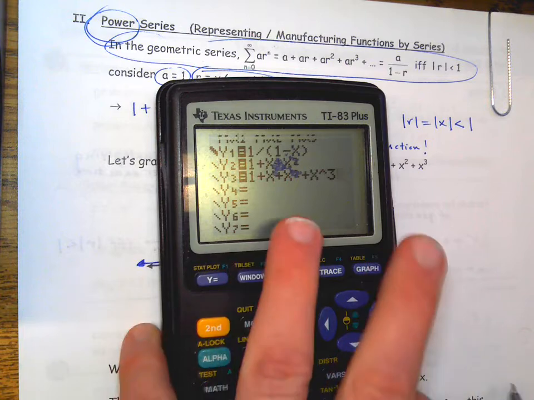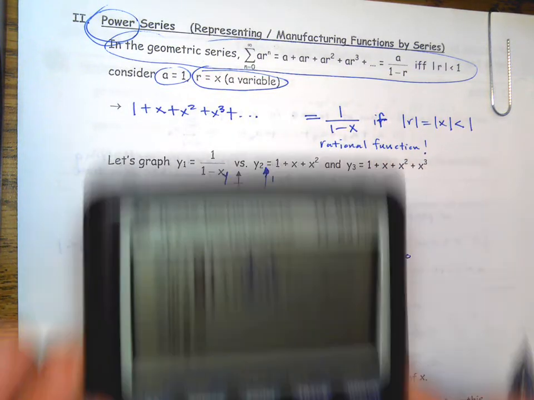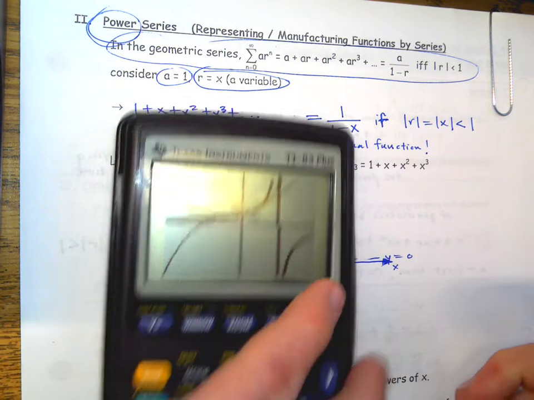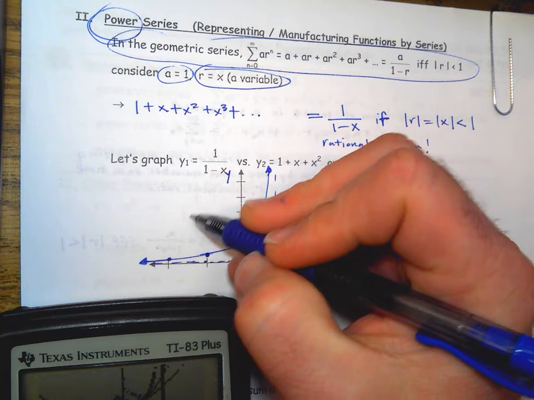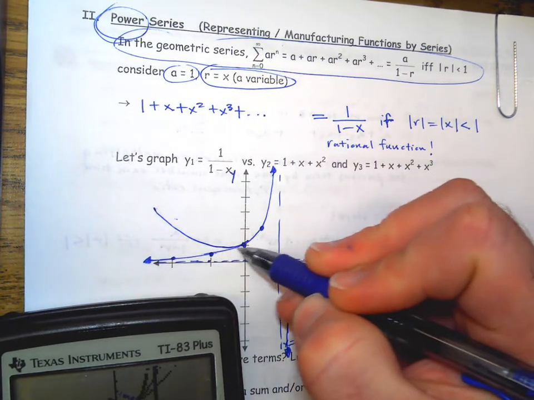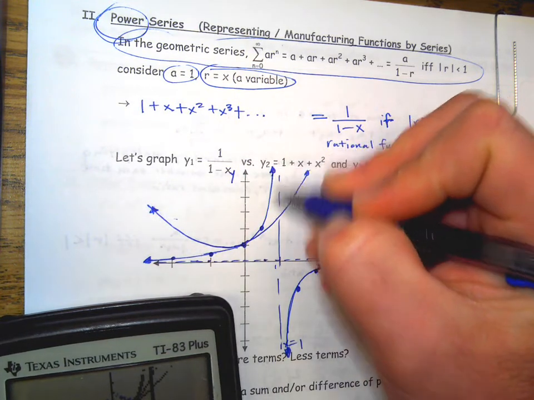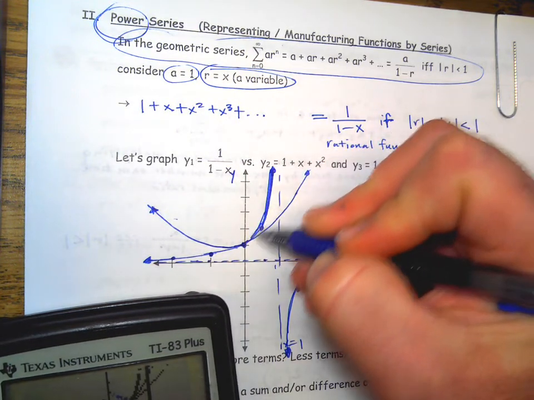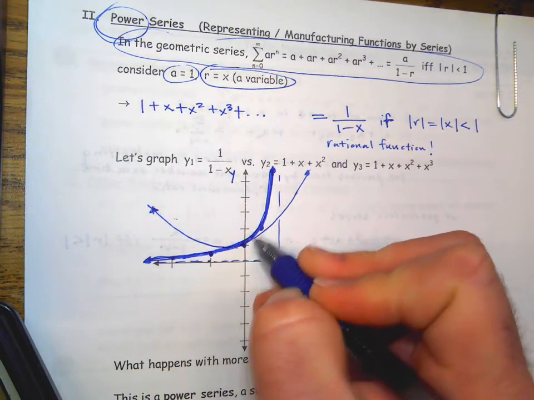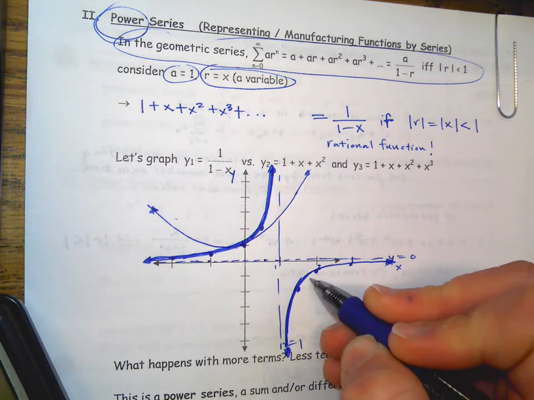So I'll graph it again. There's the first one. The first one was a parabola, and it kind of went like this, right? I'm going to try and make this look like what I have on my graphing calculator. This is a big idea, okay?